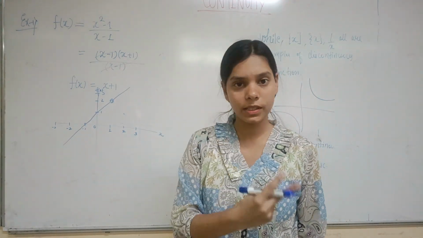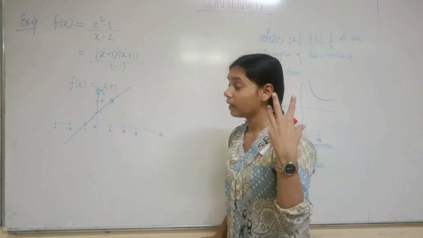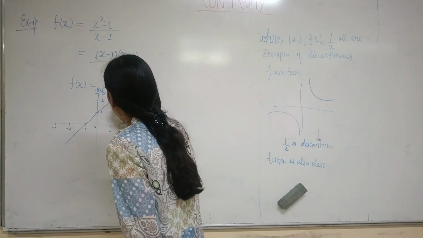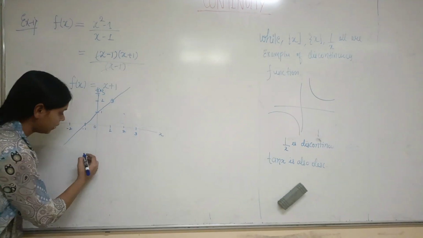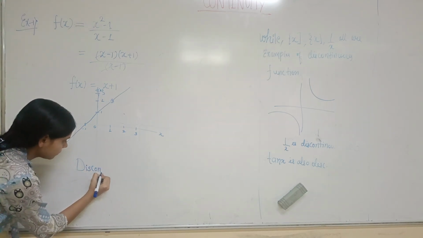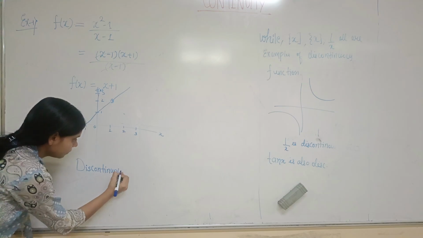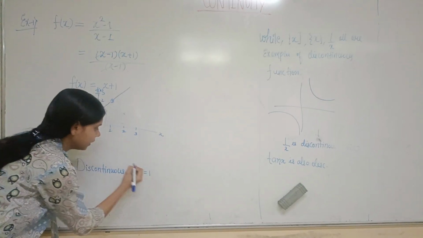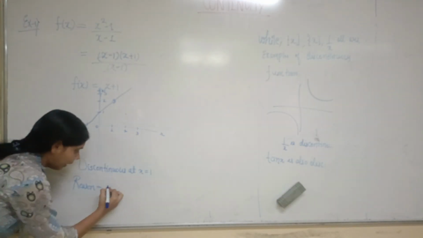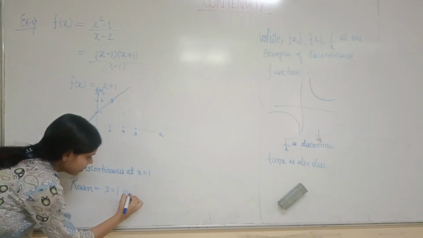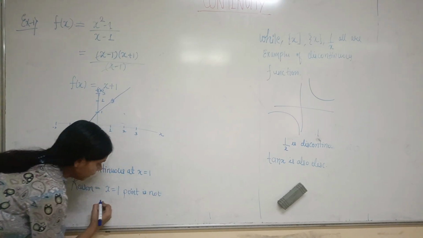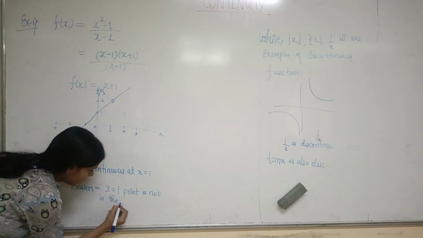Similarly, I take 2 more examples after that, where I can explain how the discontinuity occurs, right? So this is discontinuity at point 1. What is the reason of discontinuity? Discontinuous at x equal to 1. And the reason is that the point x equal to 1 is not in the domain of the function.